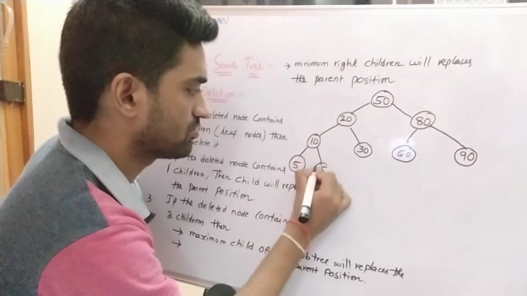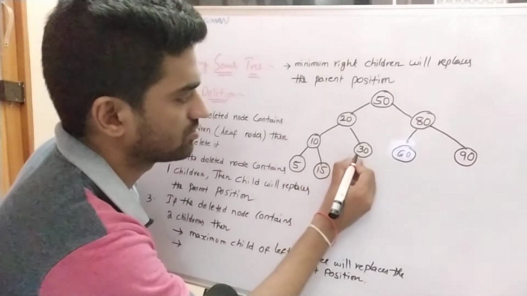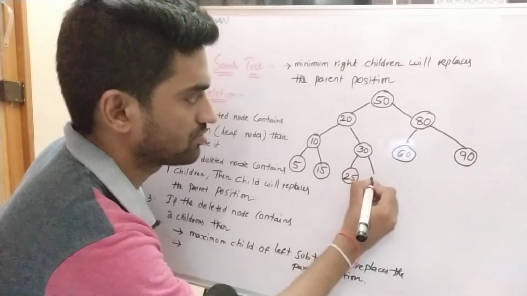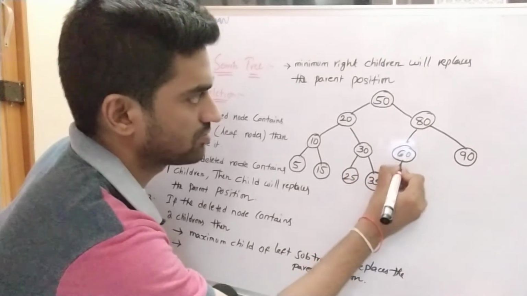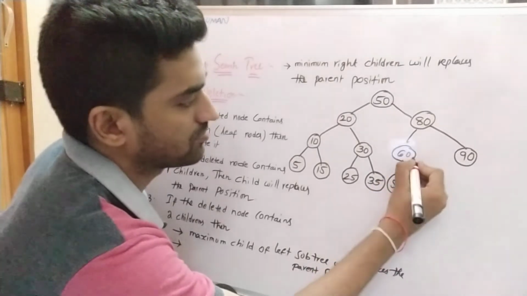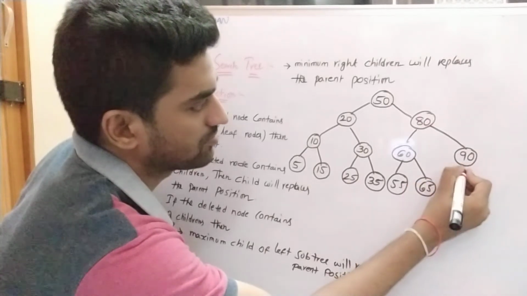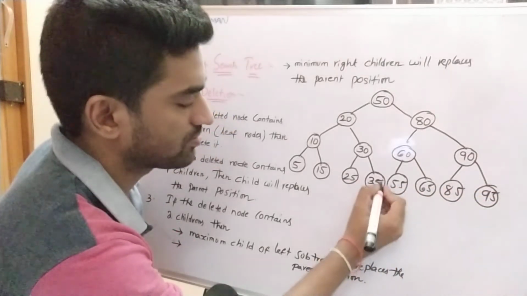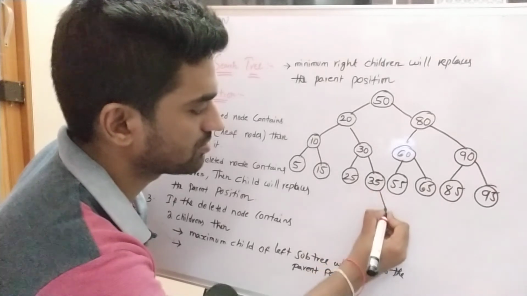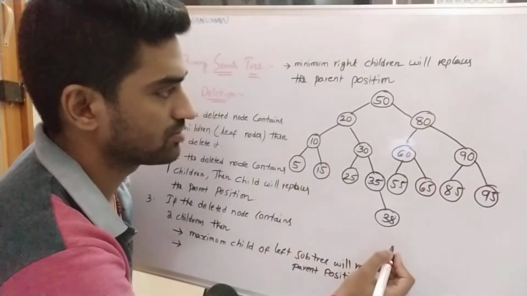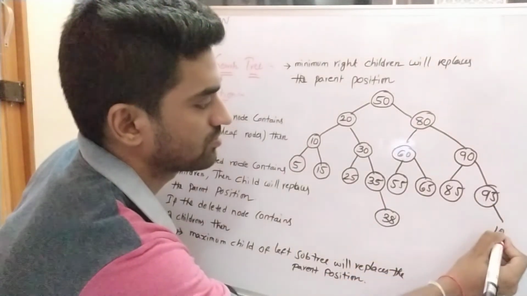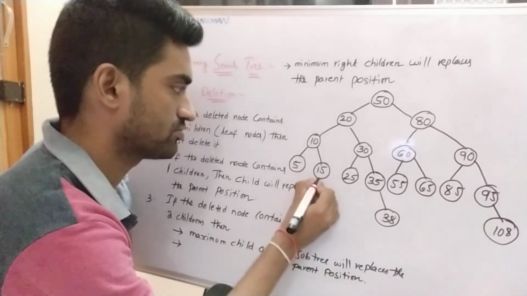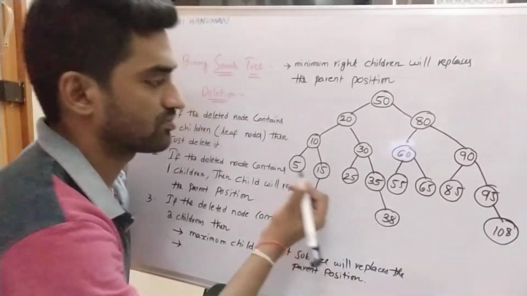Then 5, 15, 25, 35, 55, 65, 85, 95, and here 38 and 108.